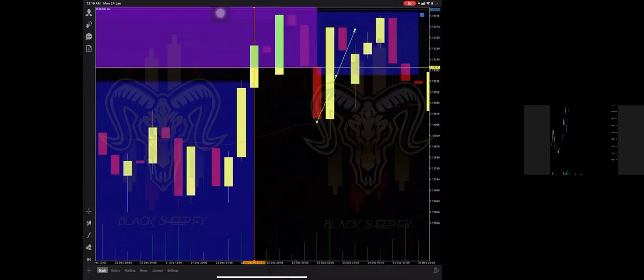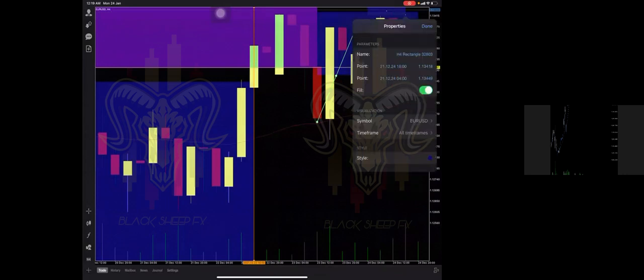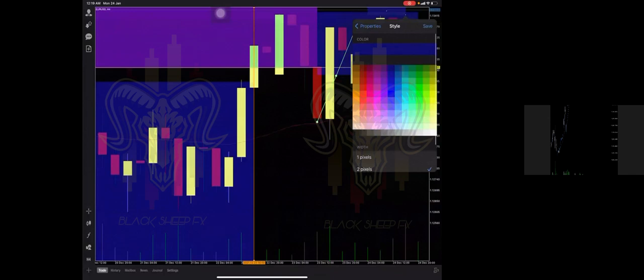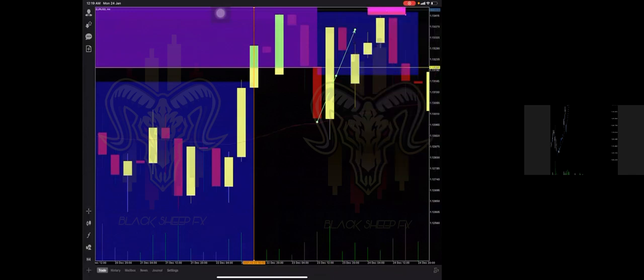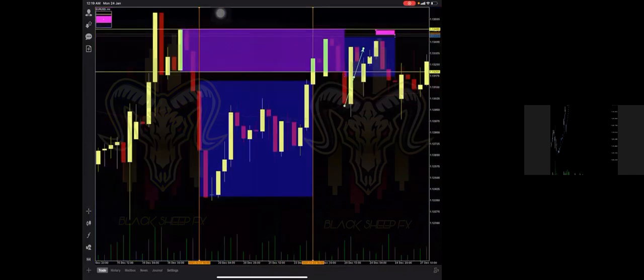As long as it doesn't break the higher region, let me mark the pink box. As long as it respects the highest point of the purple box, it will not fly.